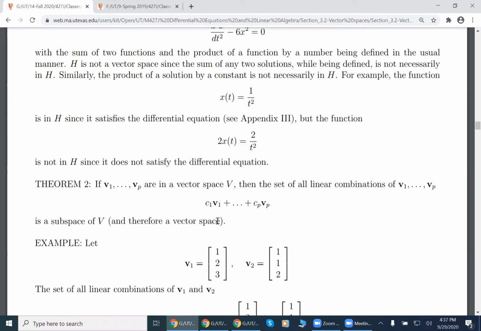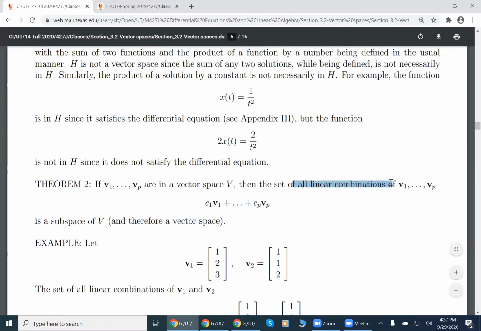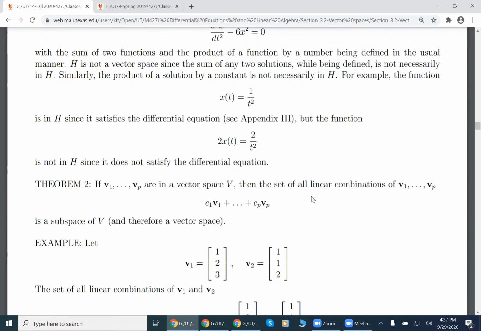Well, question is, what is the set of all linear combinations? By a linear combination, we mean the following. We multiply v1 by some number, v2 by some number, and so on, vp by some number. We add up the resulting vectors. This is a linear combination.